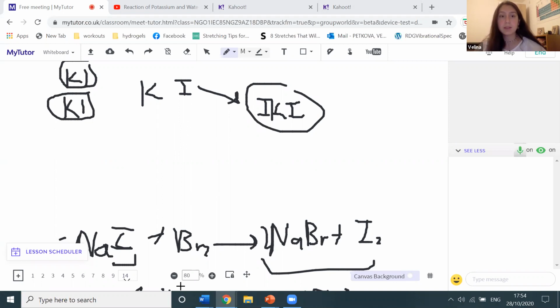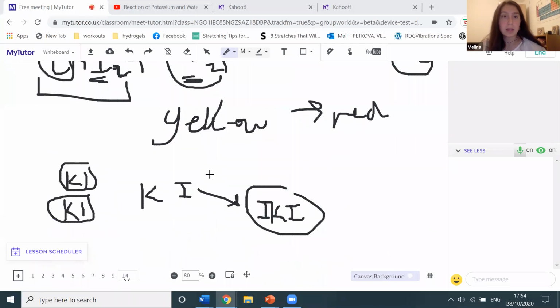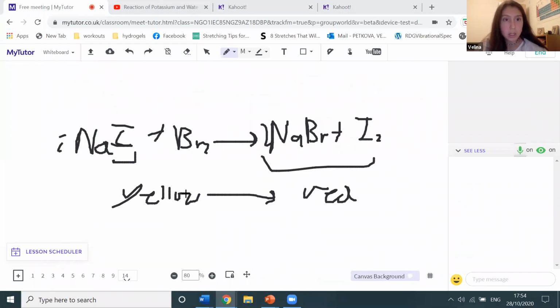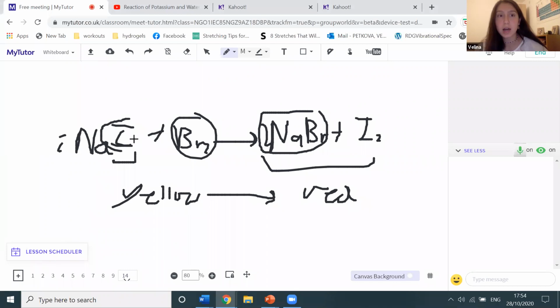So what it means for an element to displace is that this bromine is now as a salt. We start off with the iodine in a compound with sodium, but the iodine is displaced from this compound by the bromine.